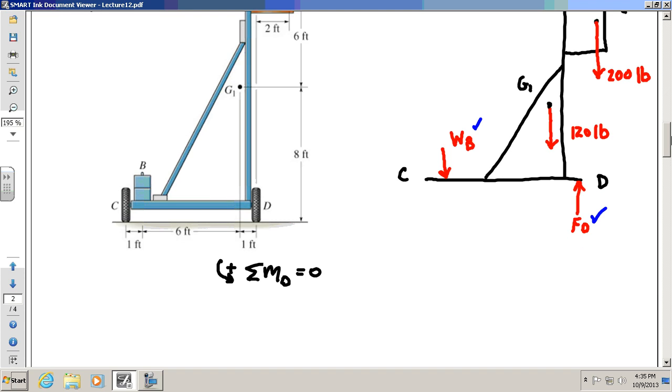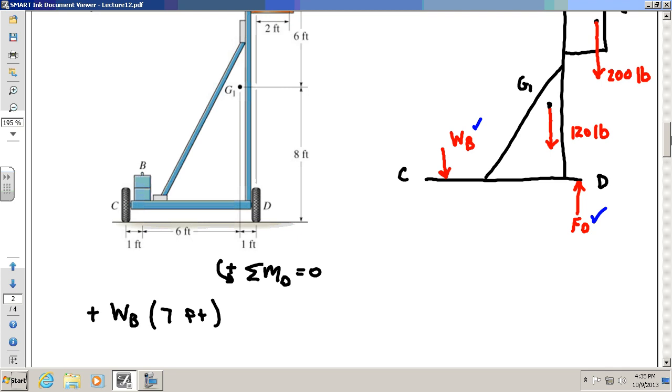The first one is going to be the weight force at B, the unknown counterweight. We'll call it WB. Its perpendicular distance between B and D, if you look in your diagram, is 7 feet. And if you look at your free body diagram, you'll notice WB is counterclockwise around D, so that's a positive moment.